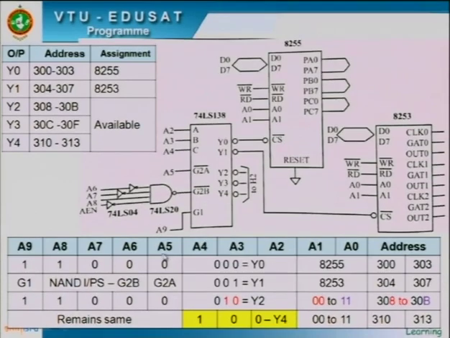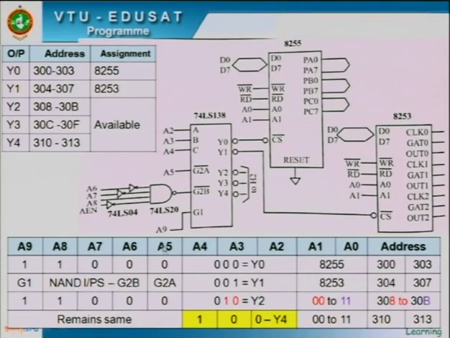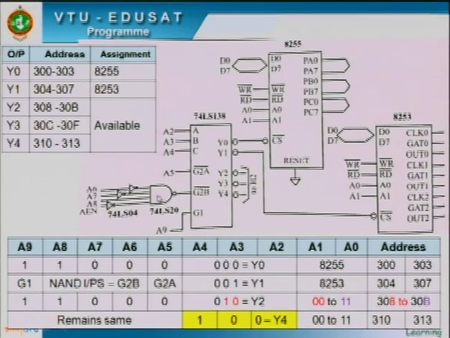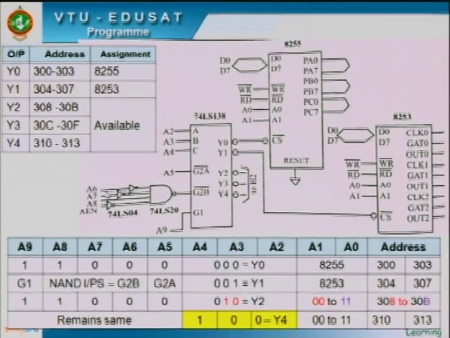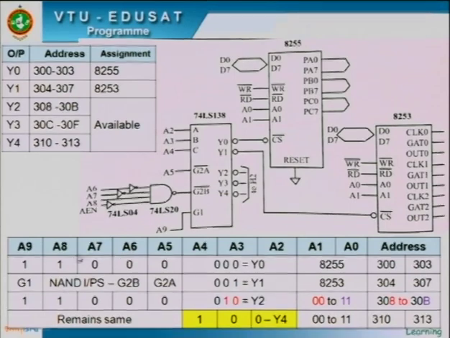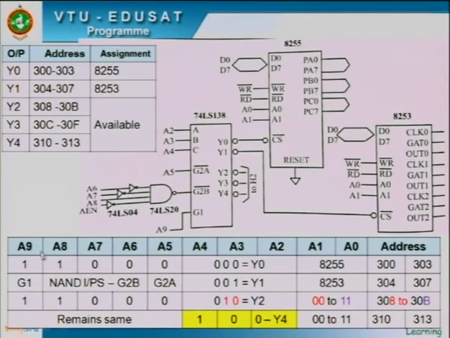Then we have A5, which connects to the active low G2, so it should be 0. Then I have again G2B, which is active low, and we can say a NAND gate directly gives active low. To enable the active low, A6 and A7 are 00. And what about A8? It is 1, and A9 is 0. And again the address enable is not shown, but the rest are shown.